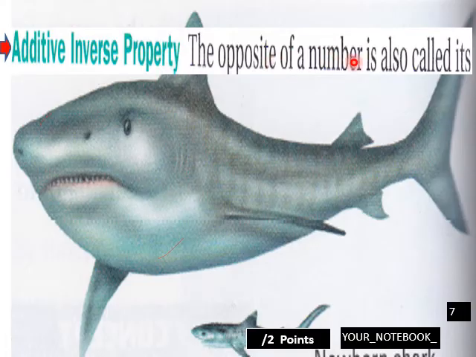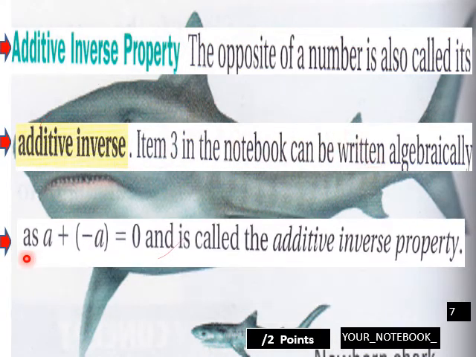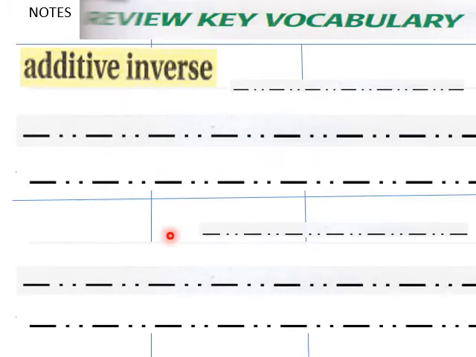The opposite of a number is always called its what? Additive inverse. Item 3 in the notebook can be written algebraically. So a plus a negative a would be 0 and is called the additive inverse property. This would be the algebraic expression of saying add a 1 and negative 1. So this would be the algebra for that.